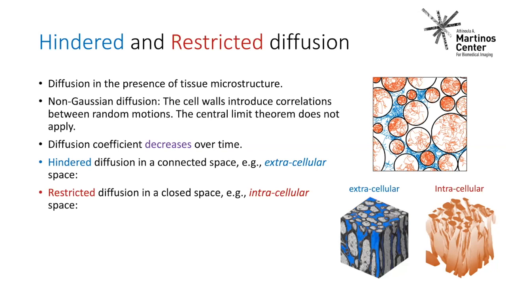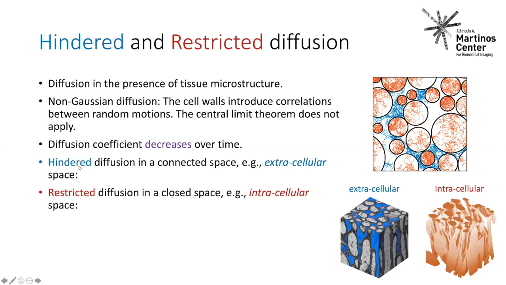So it is not completely random. In this case, the diffusion coefficient decreases over time. It is very important to know that the diffusion coefficient cannot increase over time. It must decrease over time. If it increases over time, then it's another case called IVIM, intravoxel incoherent motion, but that is not diffusion.